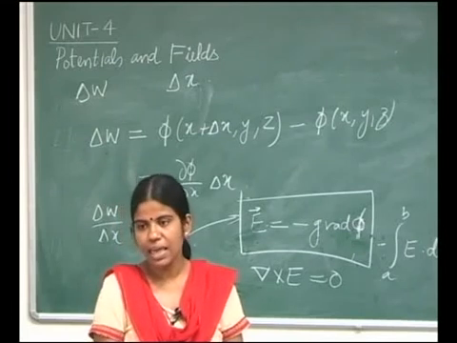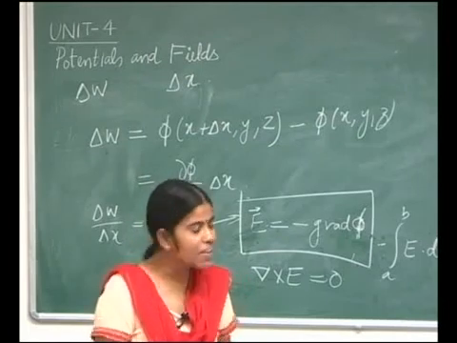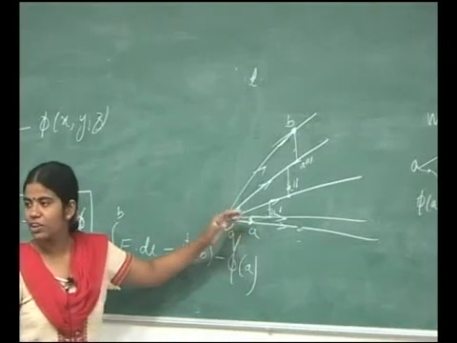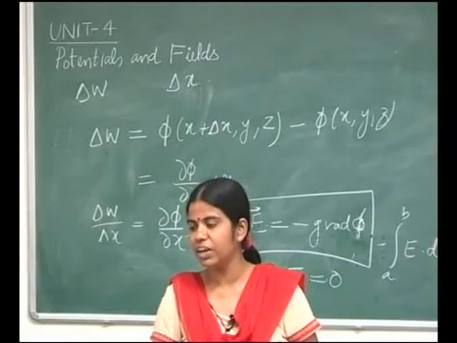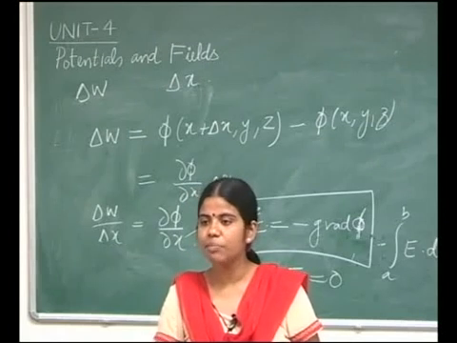And there would always exist a potential for such fields. Whenever work done is independent of path, there will always be a scalar potential field. You can take the example of gravitation.